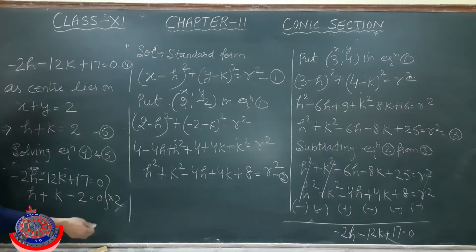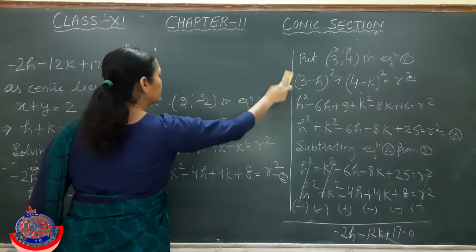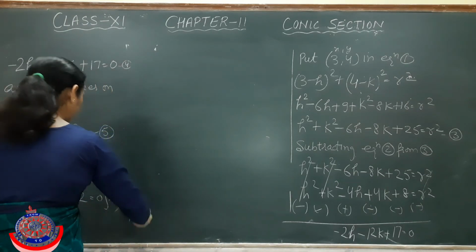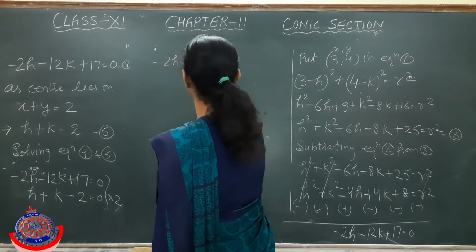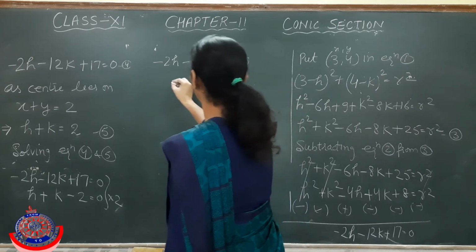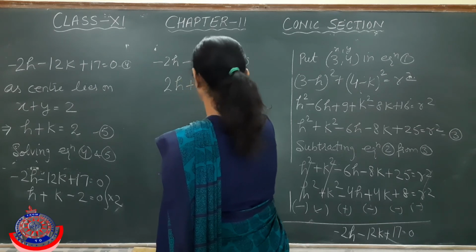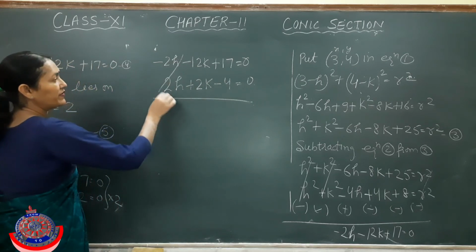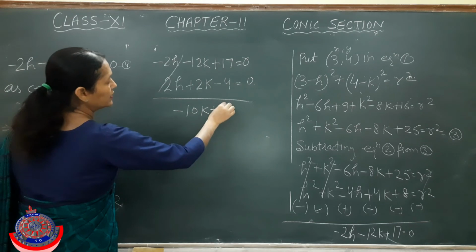Write this equation 2. We are having minus 2h minus 12k plus 17 is equal to 0, and 2h plus 2k minus 4 is equal to 0. Adding, we will be having minus 10k, and here we will be having 13.